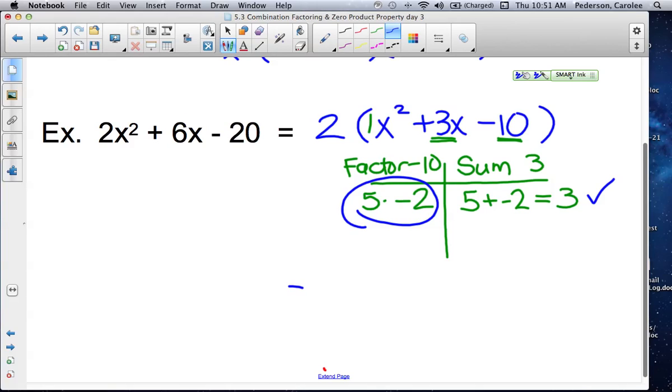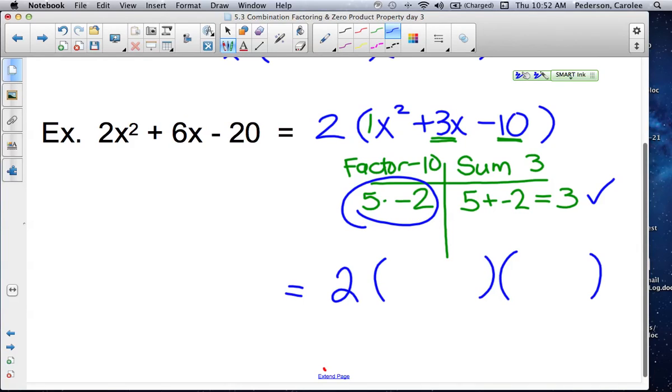So let's go ahead and factor this trinomial. Remember, I already took out the 2 in front of the parentheses. Now I want to factor in that parentheses. So I can factor it into 2 parentheses. I'm going to erase the big parentheses now and factor it into 2 parentheses.